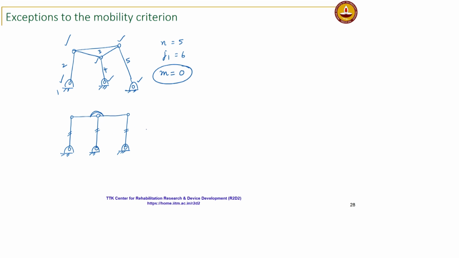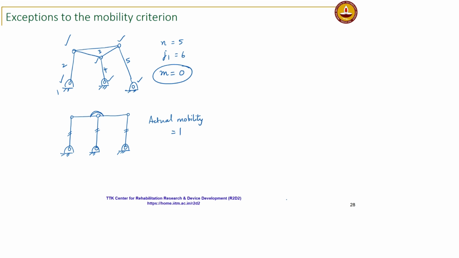The mobility equation still tells me that the mobility of this is 0, but actual mobility equals 1 for this mechanism. Okay. The reason for that is the mobility criterion does not account for it.